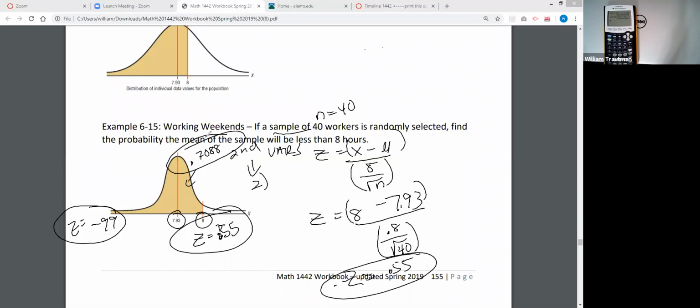All right. So if you see the sample, you use the 6.3 formula. If you don't see a sample or the number of people surveyed, then you use the 6.2 formula.